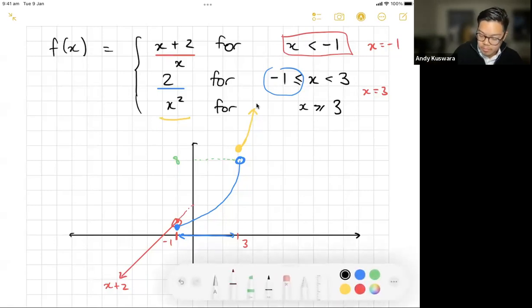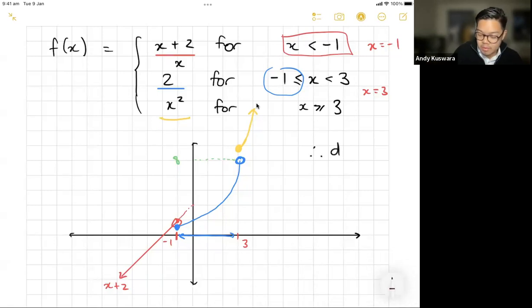You can see here, this is discontinuous. So we say that this graph is discontinuous at the points x equals -1 and x equals 3, because they've definitely got a gap. These two aren't the same.